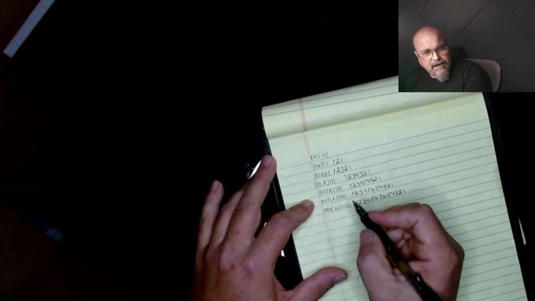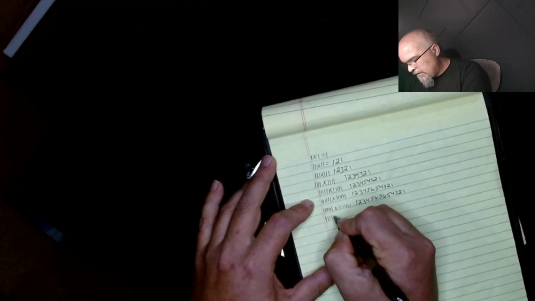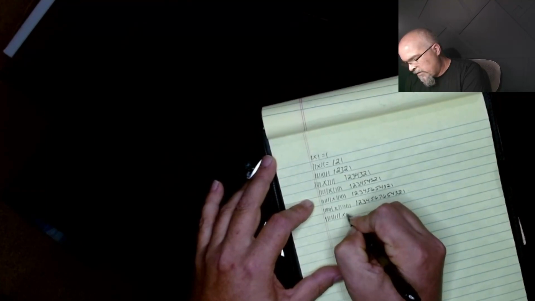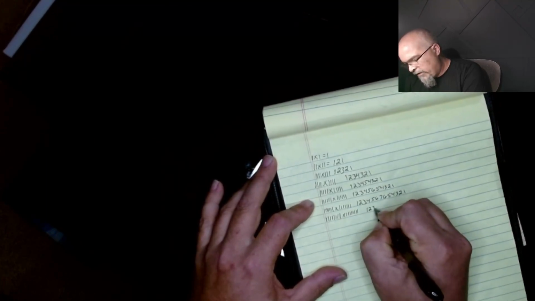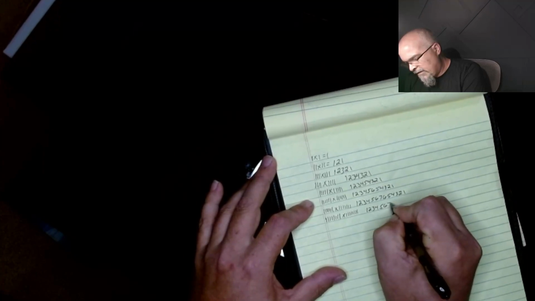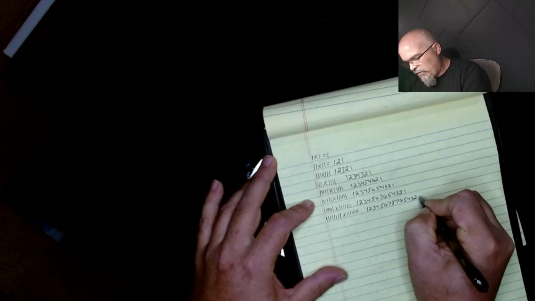Let's do it with 8, and we're going to do this through 9. We can go through 12 right now. 1, 2, 3, 4, 5, 6, 7, 8 times 1, 2, 3, 4, 5, 6, 7, 8 is 1, 2, 3, 4, 5, 6, 7, 8, 7, 6, 5, 4, 3, 2, 1.